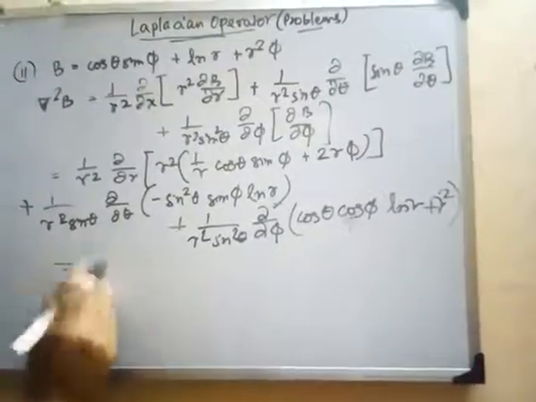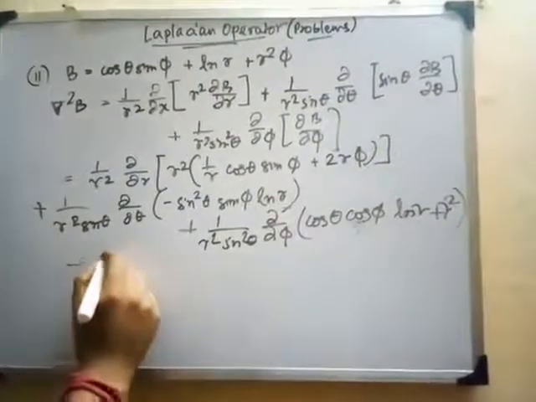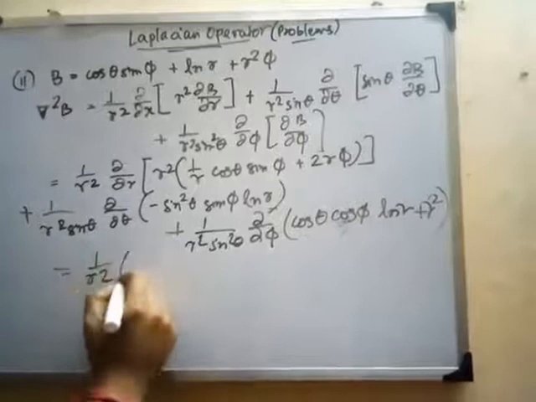So next, this will equal 1 by r square cos theta.